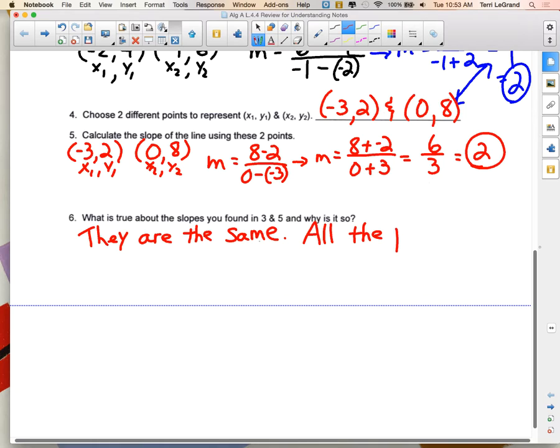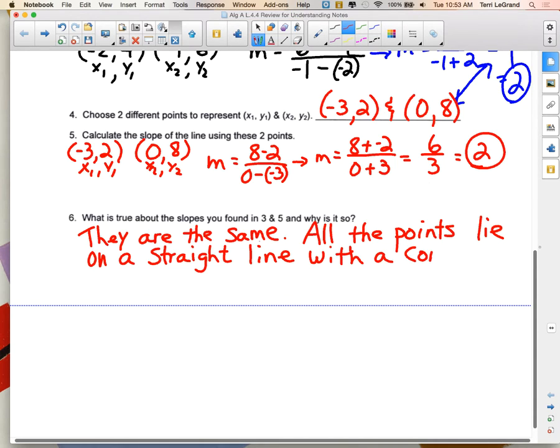Points from this table lie on a straight line with a constant rate of change. In other words, no matter where you go on that line, there's no jagging going on. You did not have to take your ruler and stop and move a different direction. All the points lie in a straight line with a constant rate of change.